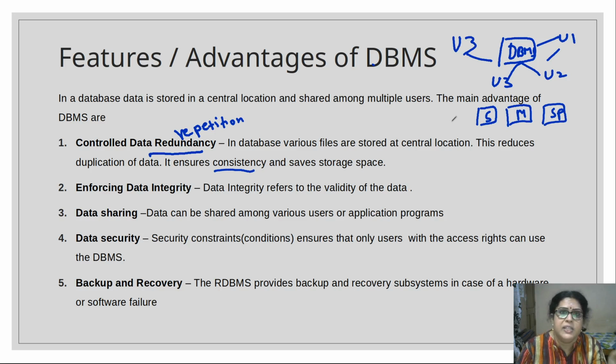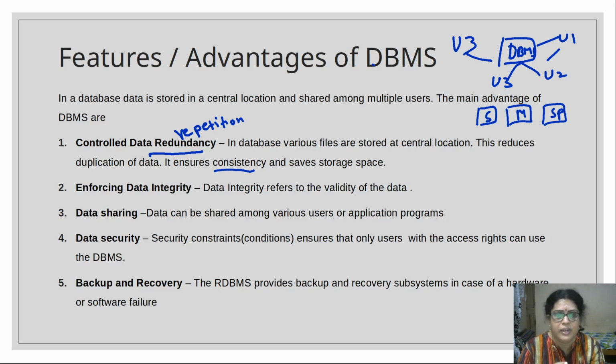So any change I make in one of the tables has to be reflected in all the tables. The correctness of data is known as consistency. Consistency means whatever changes I make in one place has to be reflected in all the places. It is called consistency.